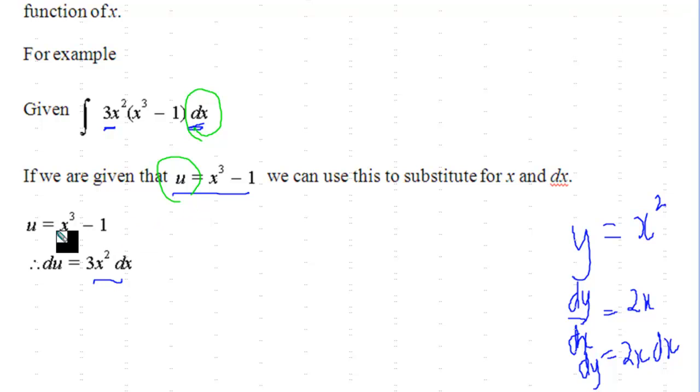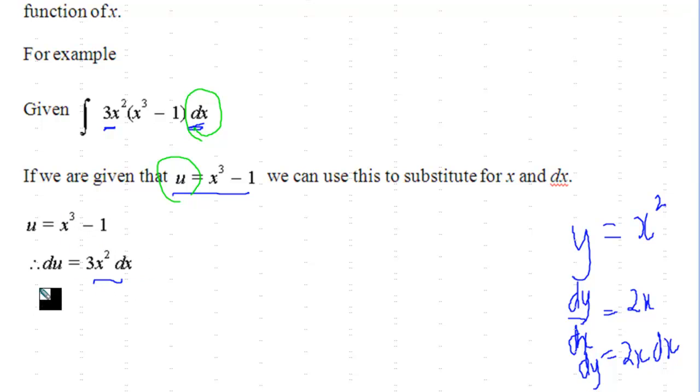So if we look at it this way, now I want to look at the differentiation of this function, u equals x cubed minus 1, differentiating each side with respect to each variable. Instead of du/dx, we're just going to write it as du equals the derivative of that function times dx.